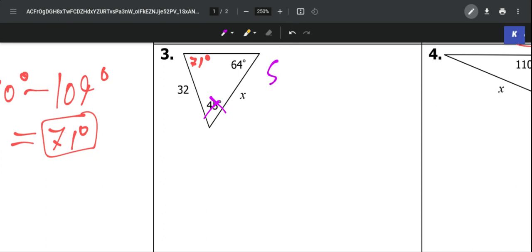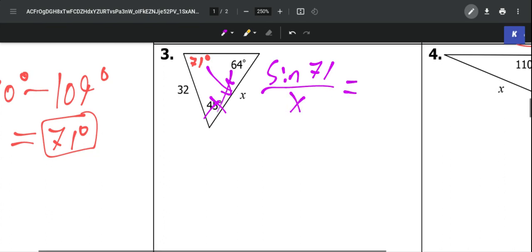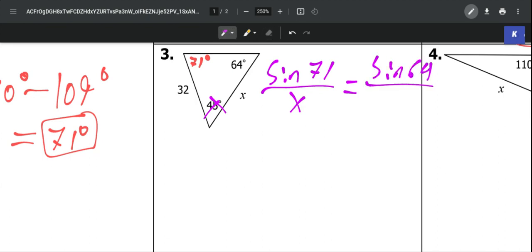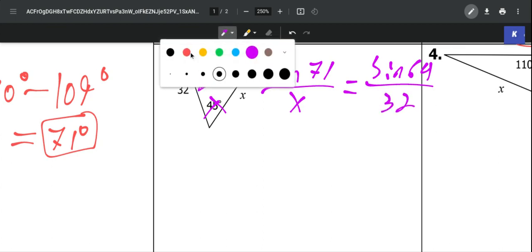So we're going to say sine of 71 degrees, and its opposite side will be the denominator. So opposite of 71 degrees would be x, and that's going to be equal to sine of 64 degrees over the opposite side of that, which would be 32. Now we have our proportion, and we just multiply.